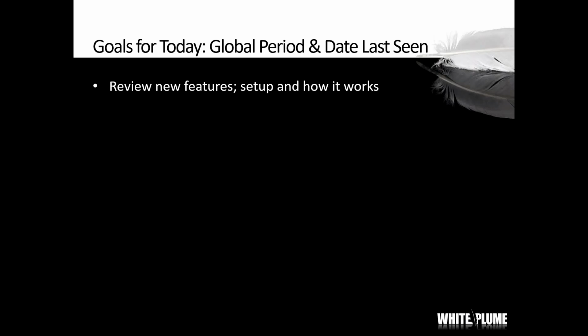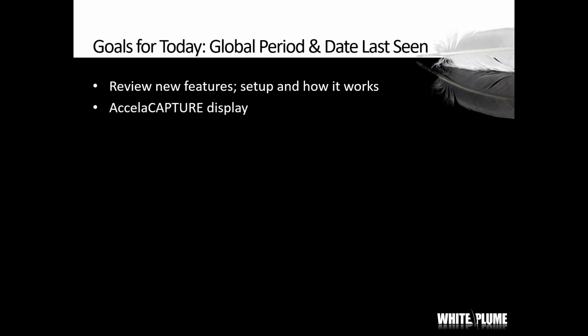All right, so the goals for today: we are going to review the two new features in Plume. That's the global period and date last seen. We'll review the basics of how it's set up and how they all work. Then we'll go through some of the displays and some of the customizations clients can use for their particular setup.